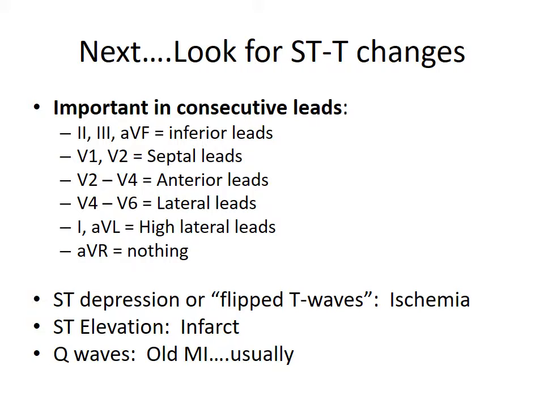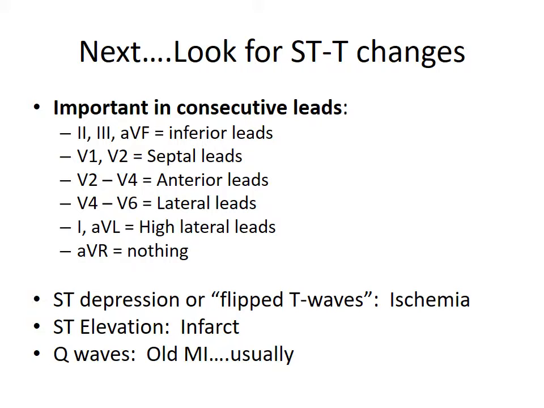Now the heart is turned a little bit, so it's not really truly on the right part of the heart at the chest wall where these leads start. They start at the septum and go across. So V1 and V2 are over the septum, V3 and 4 are over the septal area, and then it goes lateral from there out to the left side of the heart. So V4 through V6 is lateral, and then lead 1 is also a lateral lead.